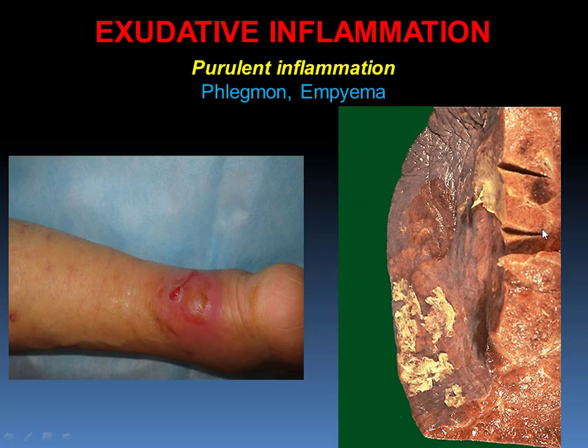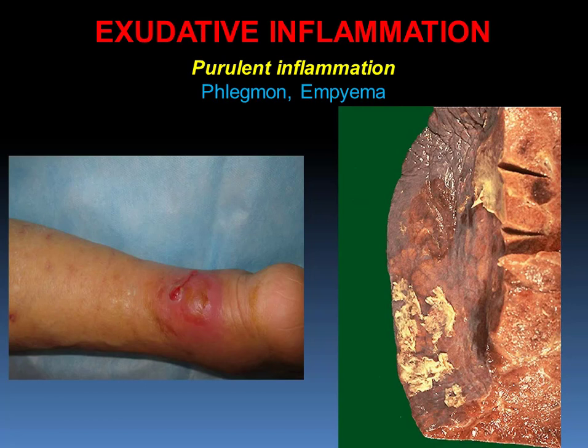Empyema, another variant of diffuse purulent inflammation. Empyema is defined as purulent inflammation with accumulation of pus in enclosed or poorly drained pre-existing cavities.